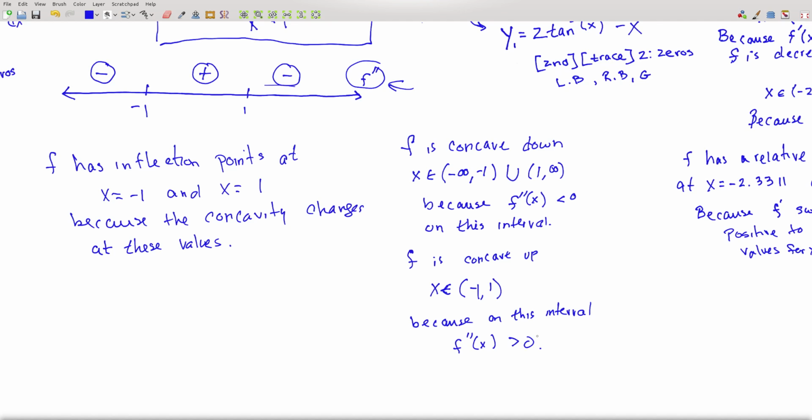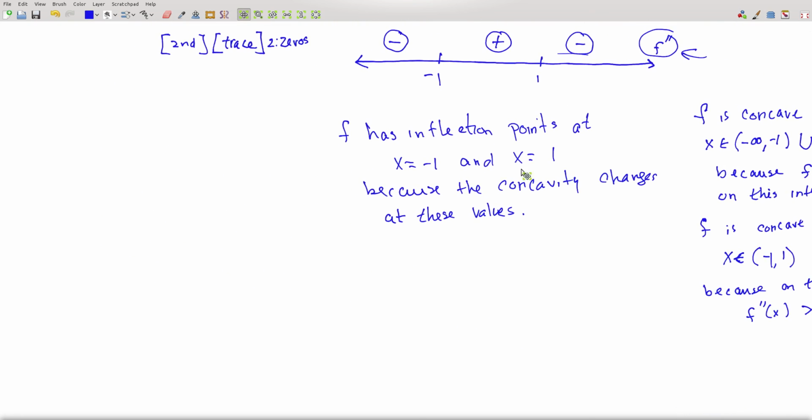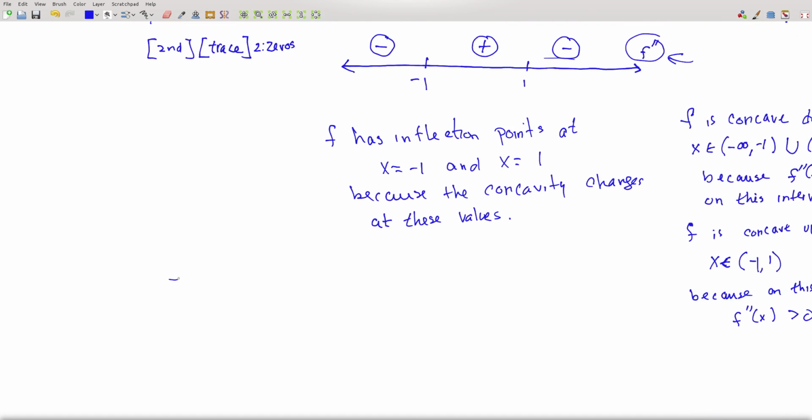There was one other thing you were asked to do, which I'm going to leave for you to work out on your own, since you have a nice graphing calculator that can do all the work. Another part of the question was, what is the absolute max and min on the closed interval 1/2 to 3.